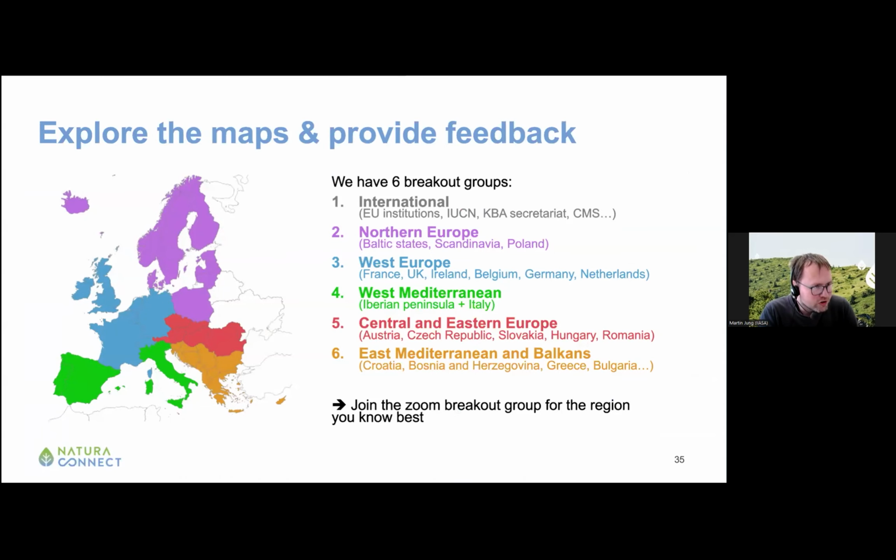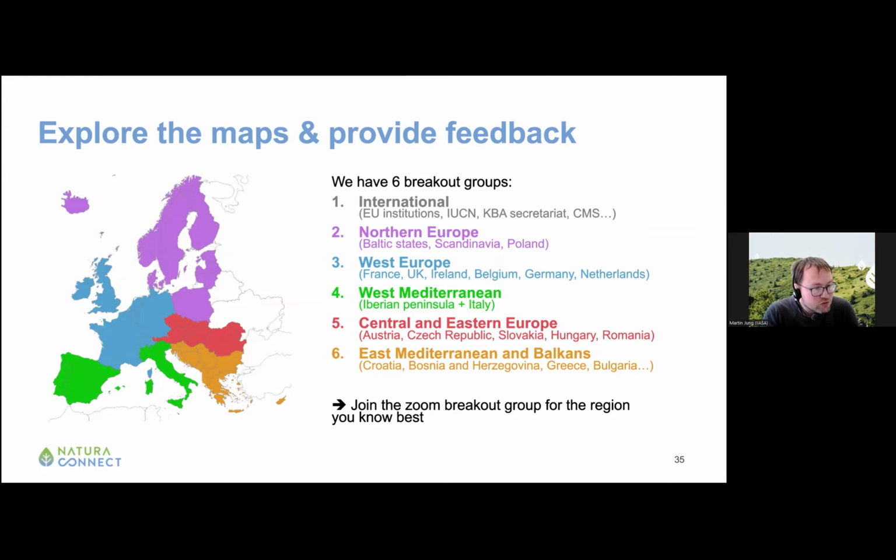So what we're going to do now is split into different breakout groups. We are thinking broadly of 6 different breakout groups, which are themed a little bit around overall themes. One, for instance, is more international, one focuses on Northern Europe, as you see also on the left, different countries, one on Western Europe, one on the West Mediterranean, one on Central and Eastern Europe, and one on the Eastern Mediterranean and Balkans.